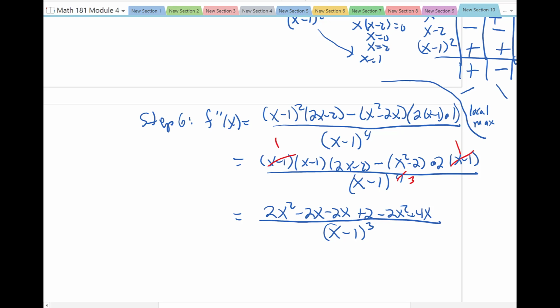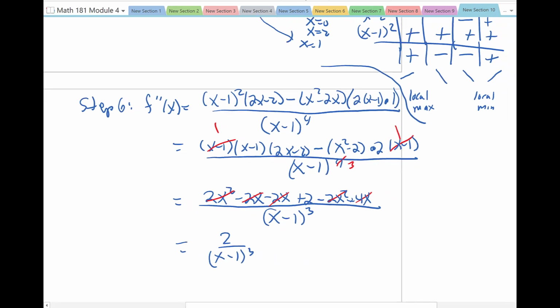And here's the fun part. The 2x squared and the minus 2x squared go away. The 4x and the minus 2x's go away. It leaves us with a really nicely condensed second derivative of 2 over x minus 1 cubed. And that makes any future derivatives, actually, if you needed to go to the third derivative, really nice.